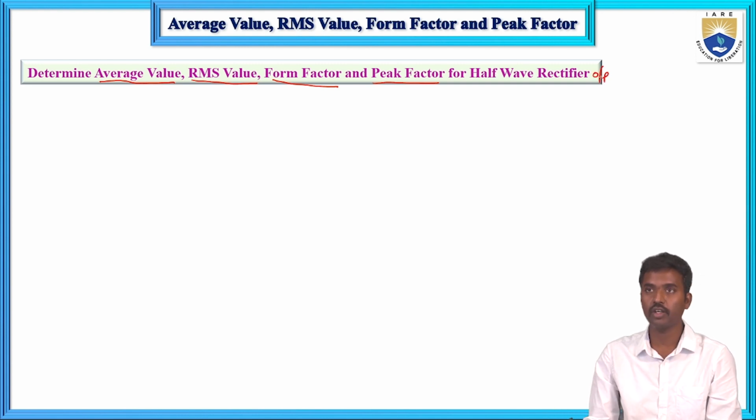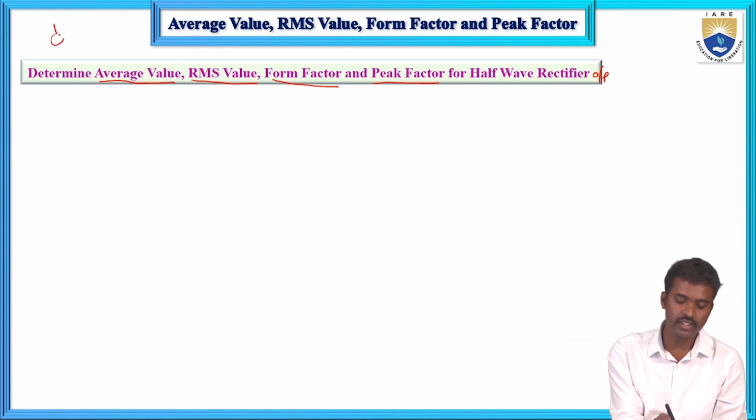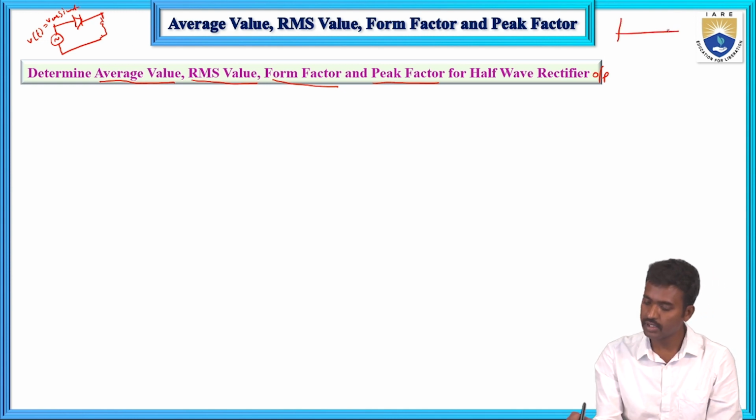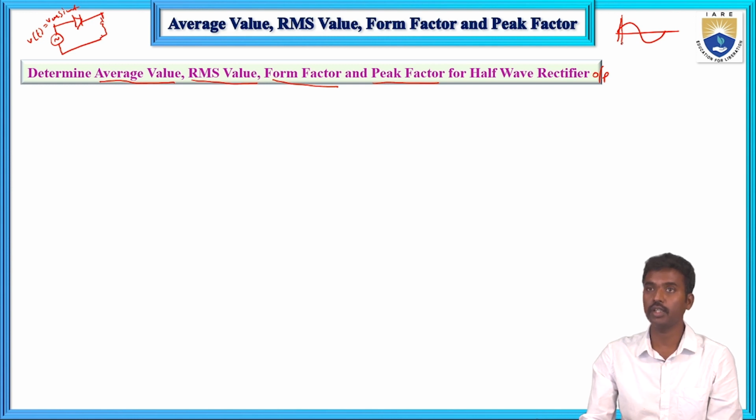In a half wave rectifier, we give an AC sinusoidal waveform to the diode and the load. So the supply voltage is V of t equals Vm sin omega t.